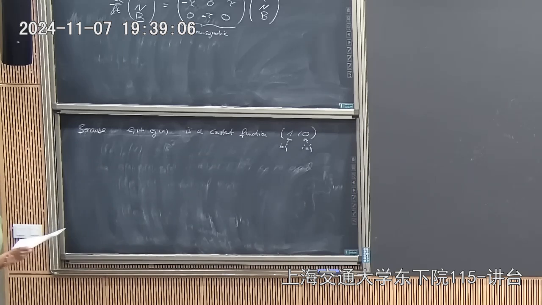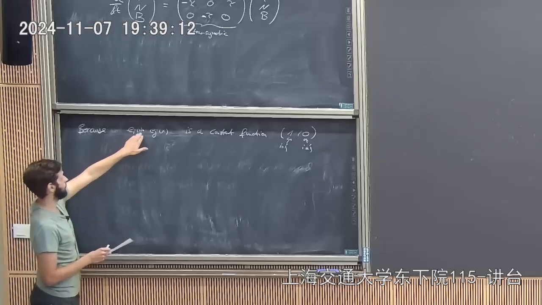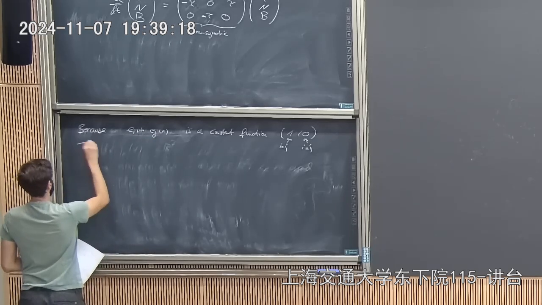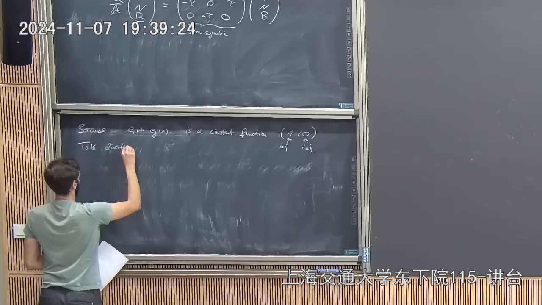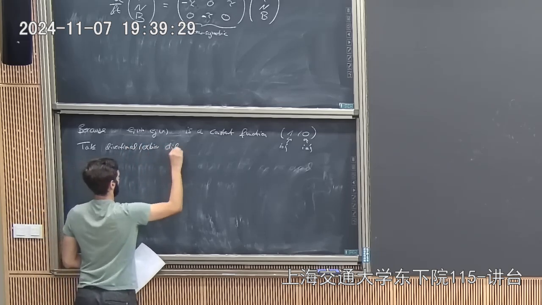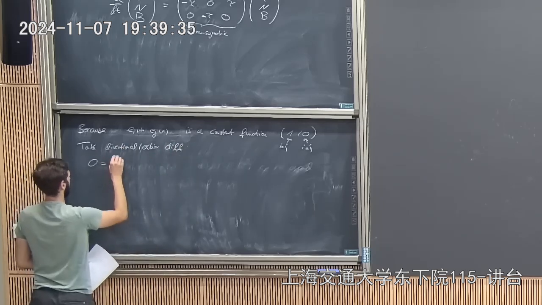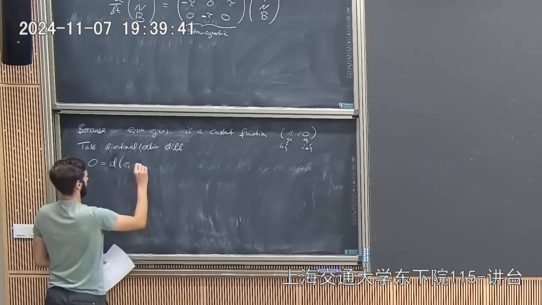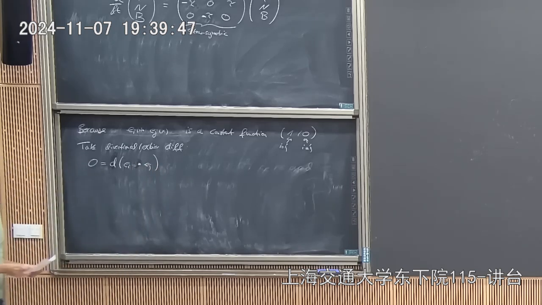So now we do our favorite trick. If you have a constant function, we take the derivative with respect to what it might depend on, so with respect to x. We take the directional, or actually exterior, differential. We get 0 because it's a constant function, and then we take d of e_i times e_j.